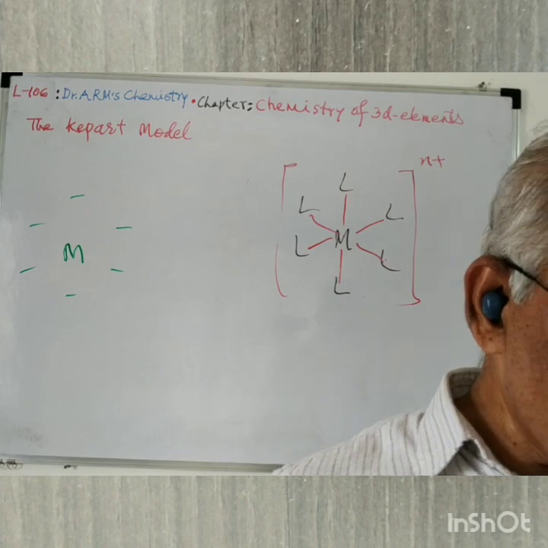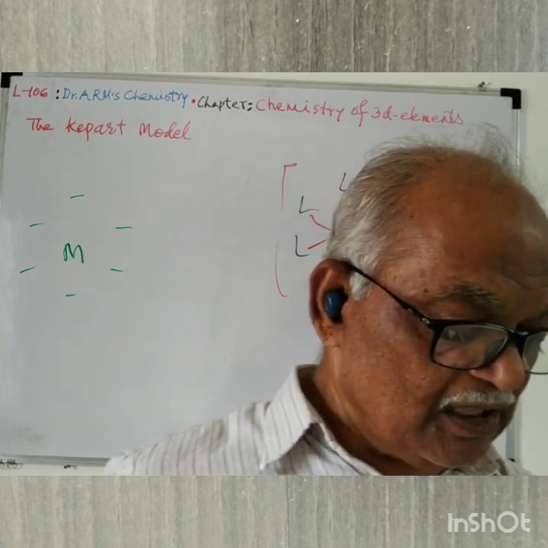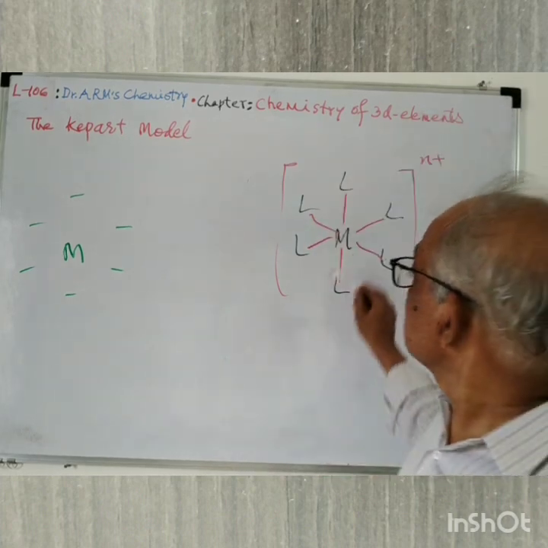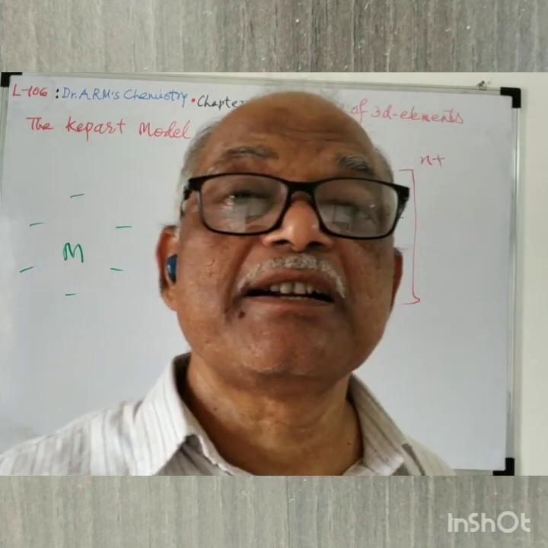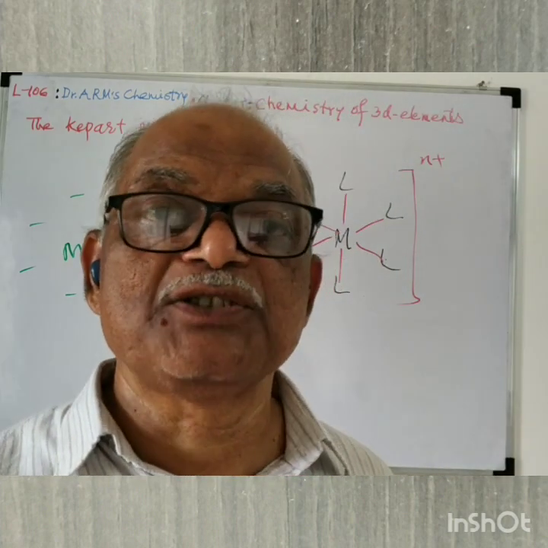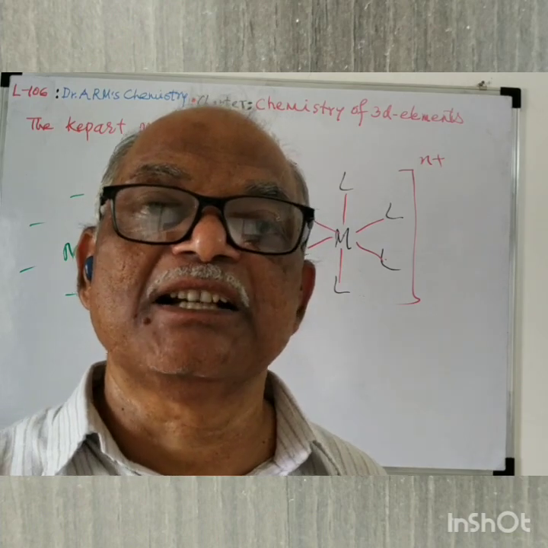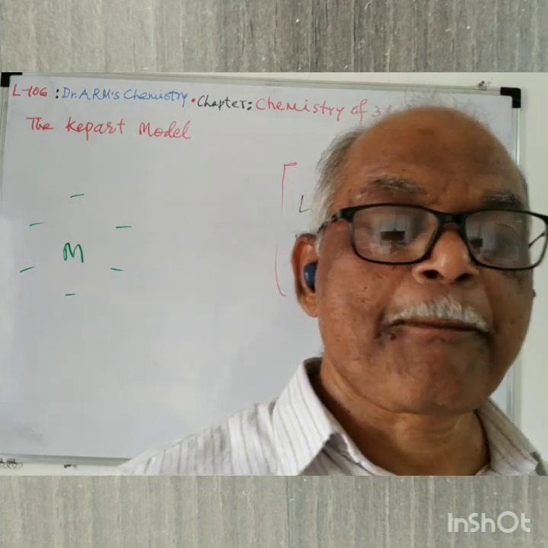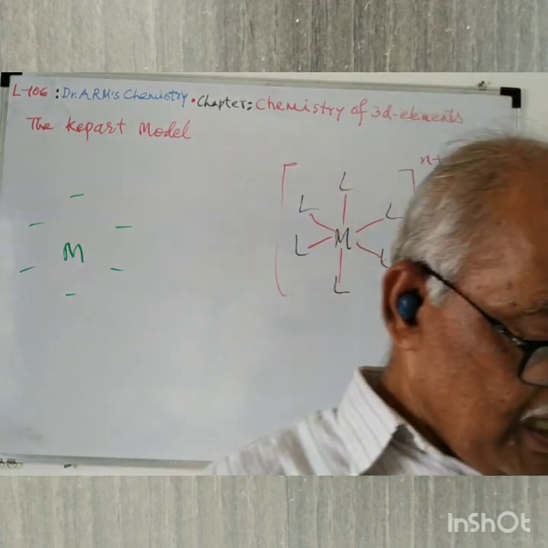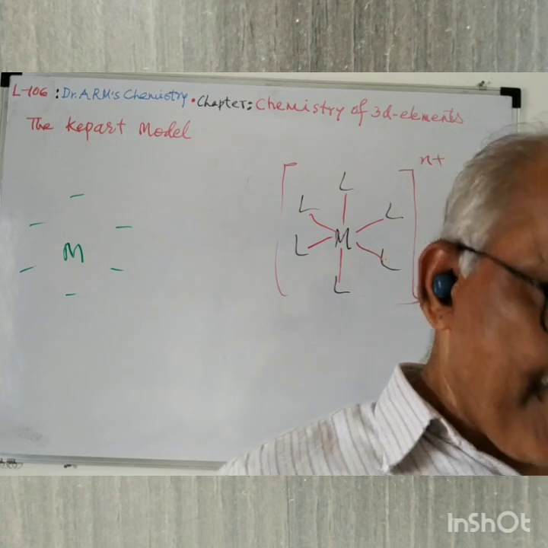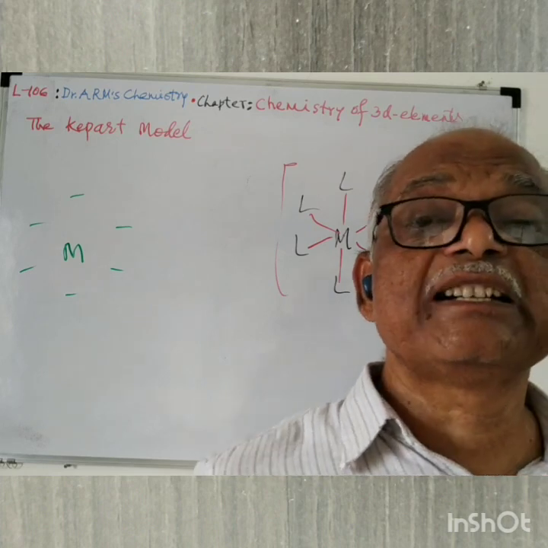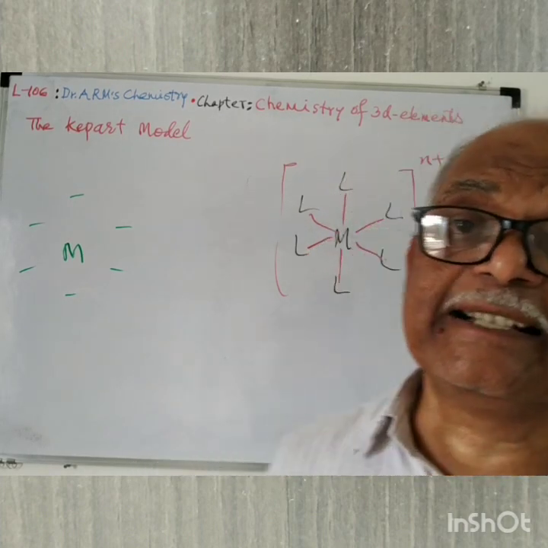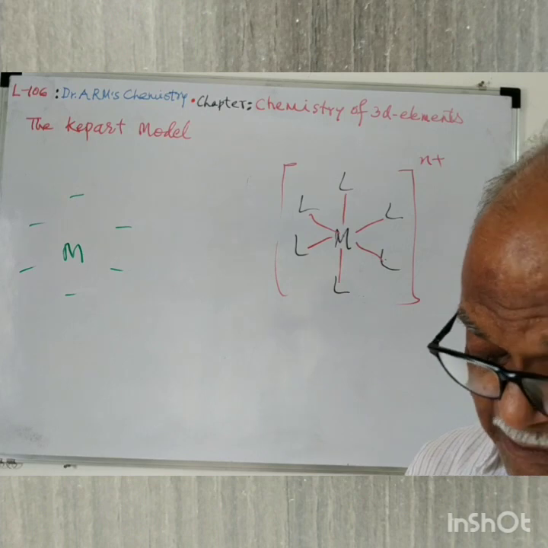Thus, the Kepert model considered that the coordination geometry of such complexes does not depend upon the electronic configuration of the central metal atom in the ground state, and therefore the geometry of the resulting complex may not vary as expected according to the VSEPR model.